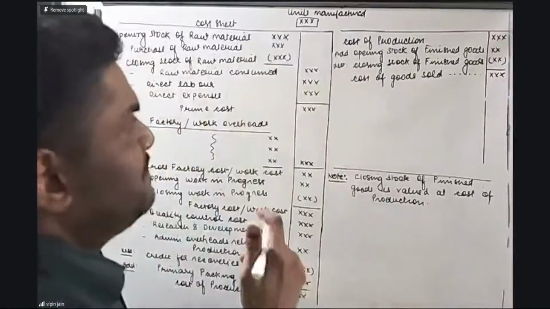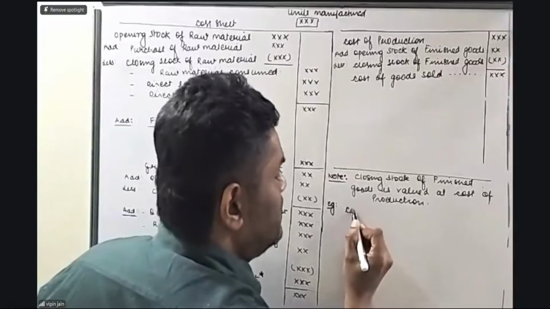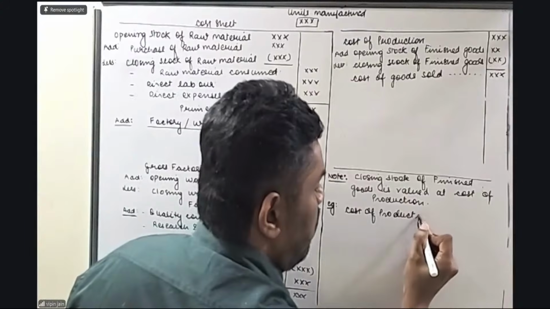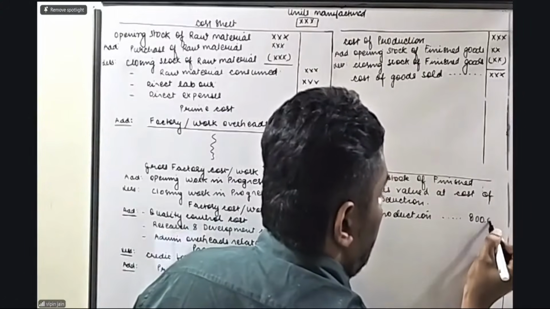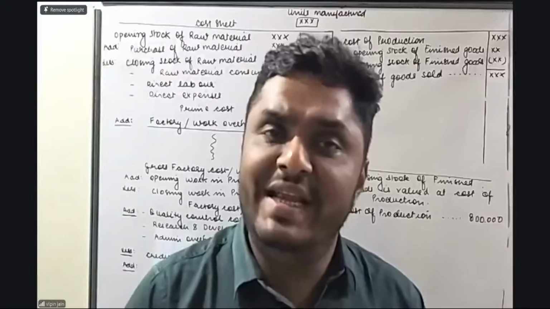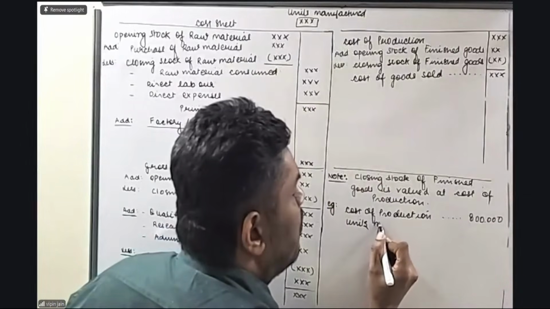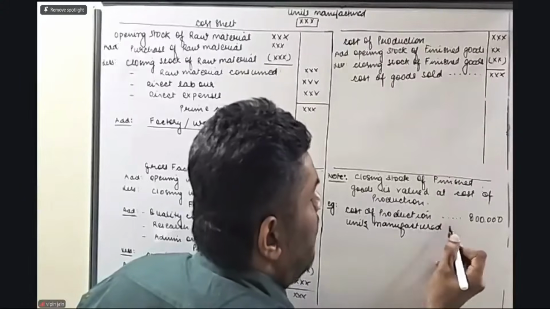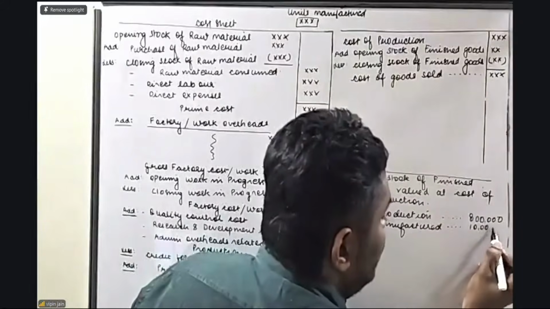Let's say my cost of production is 8 lakh rupees. Units manufactured, let's say 10,000 units were manufactured.